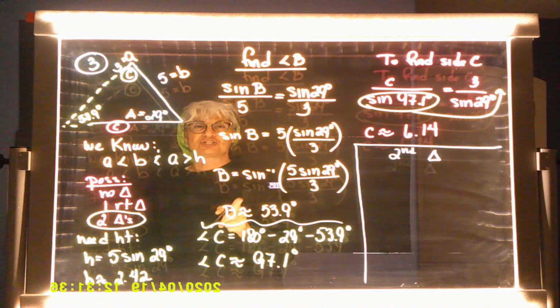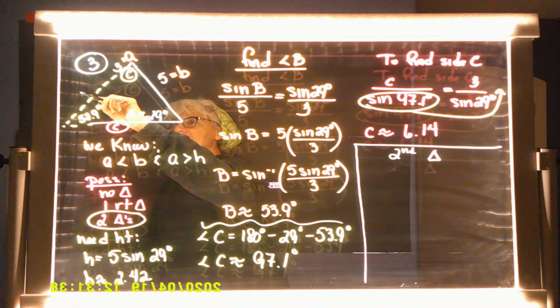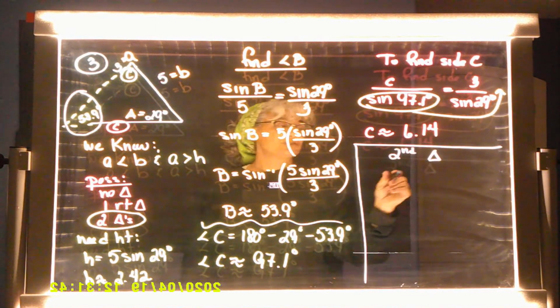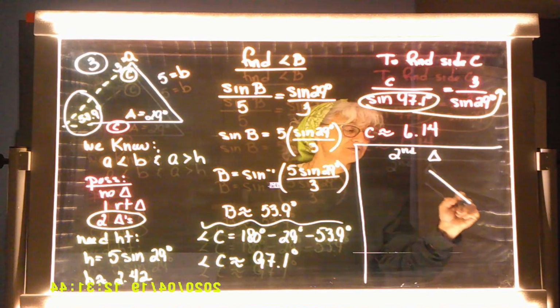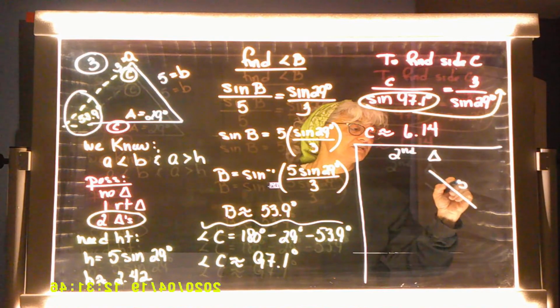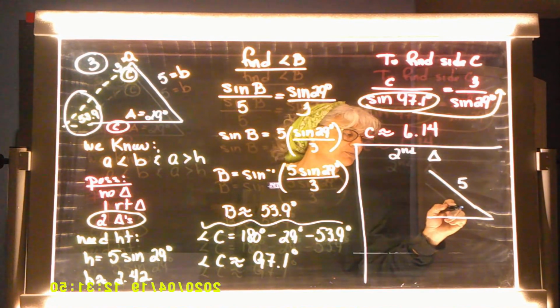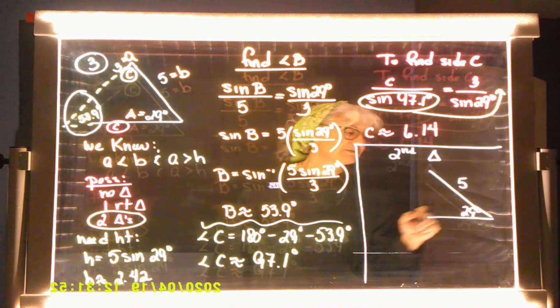Remember what I mentioned. This angle and the other angle for triangle number 2 are supposed to be what kind of angles? Yeah, they're supposed to be supplementary angles.